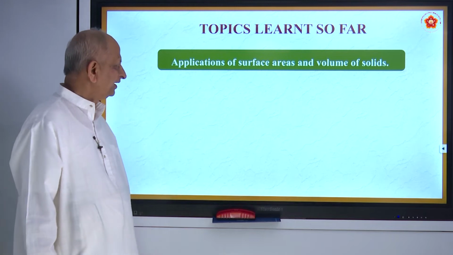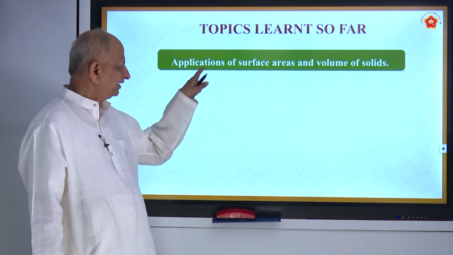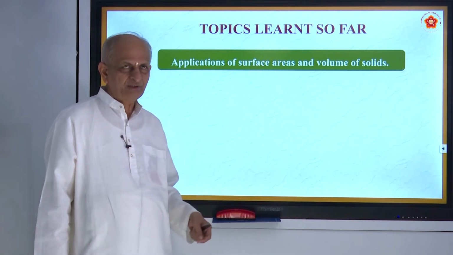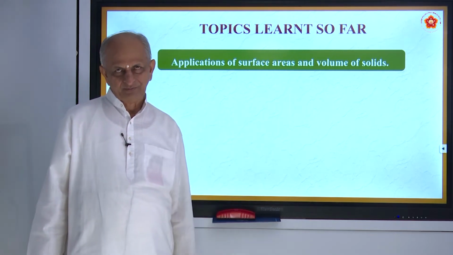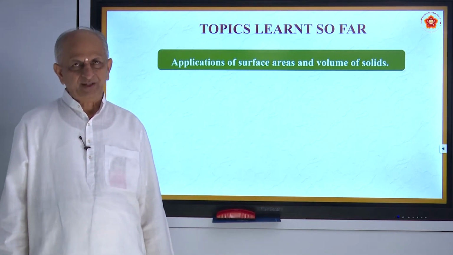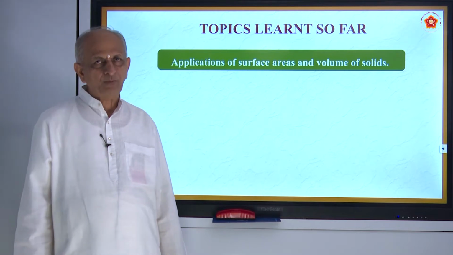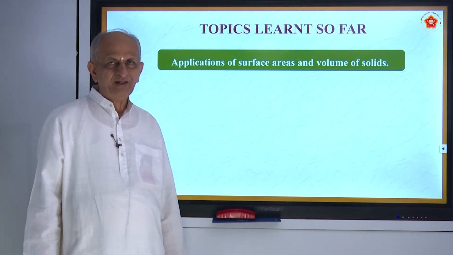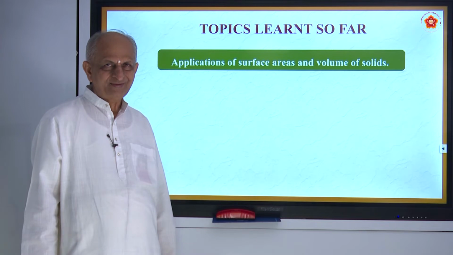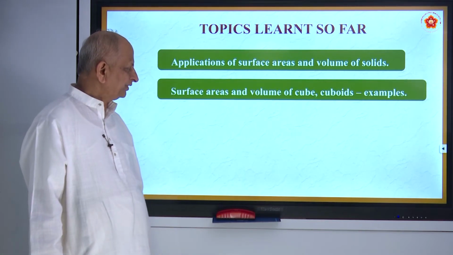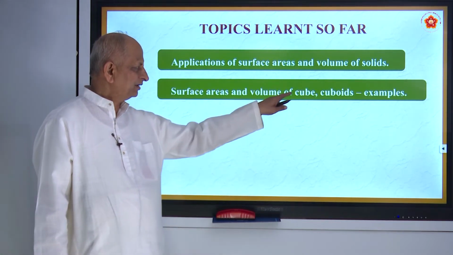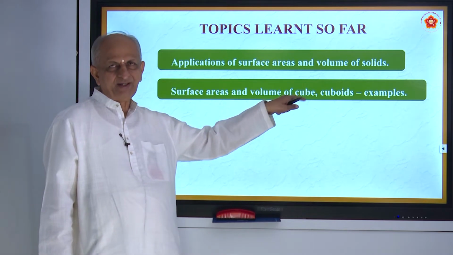So in the previous class, we studied surface areas and volumes of solids. We started the discussion with the cube and cuboid. Is it not? A cube is a solid figure having length, breadth and height equal.